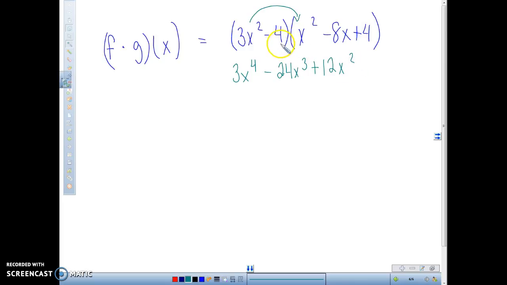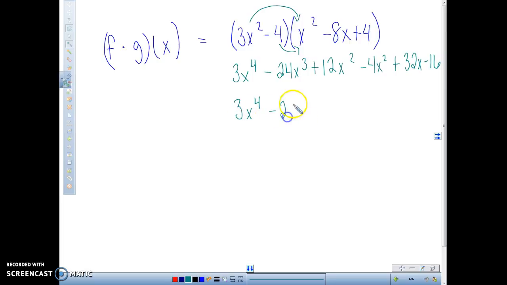Then you distribute your negative 4 to everything. So we would have negative 4x squared. Then we have negative 4 times negative 8x, so we would have positive 32x. And then negative 4 times positive 4 would be negative 16. Okay, now we combine our like terms. There's nothing alike with the 3x to the 4th.